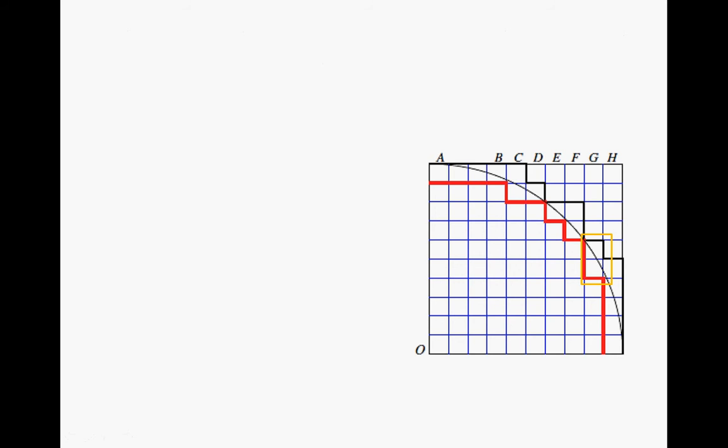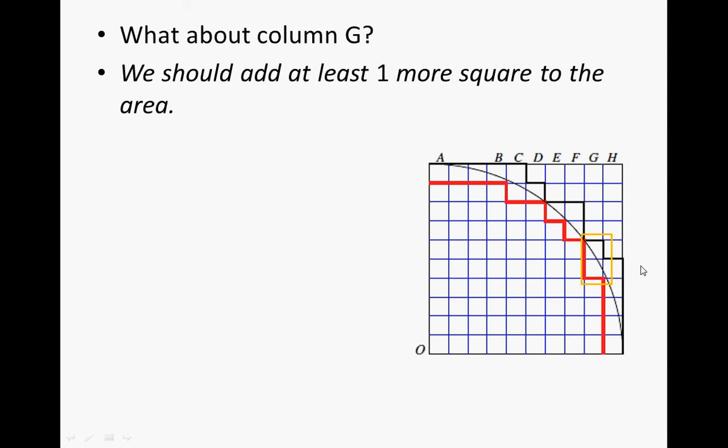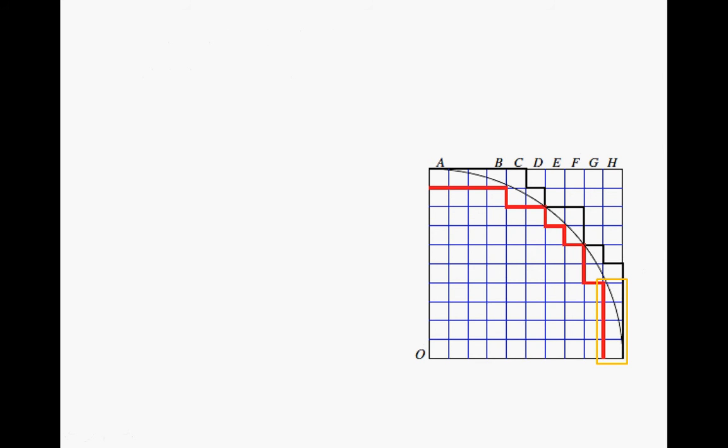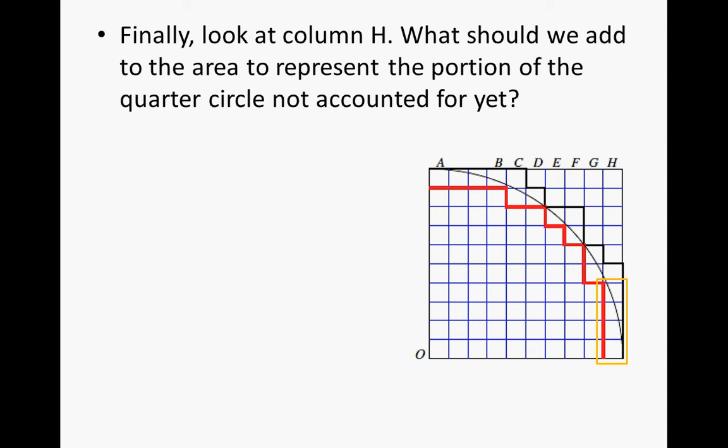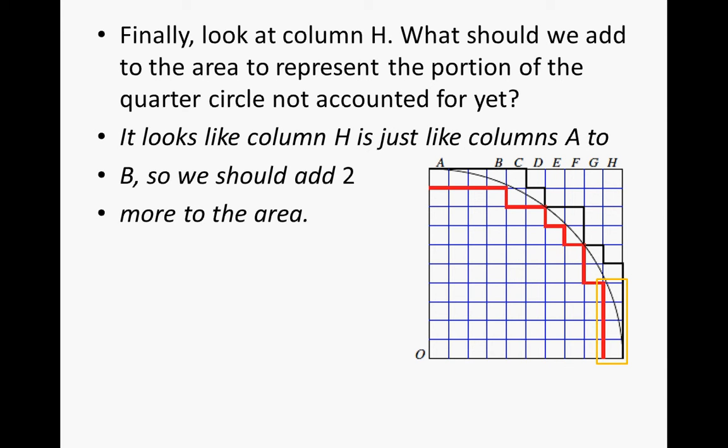Then we go to column G. If we look at the pieces for column G, we have this little piece here and this piece. Then again, it looks like we would add about 1 more square to our area. And last but not least, since column H is about the same as columns A and B, since it looks the same, we're going to add 2 more to the area.